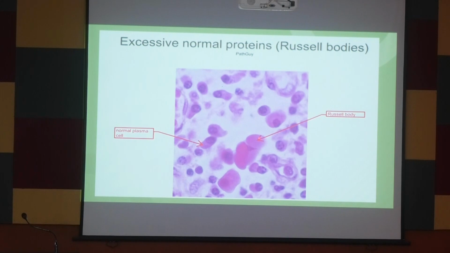Okay, so immunoglobulin is deposited inside the cell in the cytoplasm, with abnormal production of the normal protein or immunoglobulin. So this is a picture of a Russell body. Okay, everybody can see this picture. So this is a Russell body, this is a plasma cell.